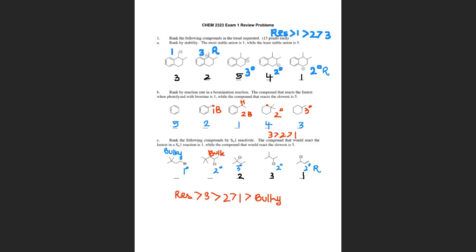Now let's look at our first 2 molecules. Both have a primary carbon and a secondary carbon, but both of them have bulky bases. So the secondary one is still going to be more stable than the primary because of the cation. So this is going to get 4, and the first molecule is going to have 5. Does this make sense?